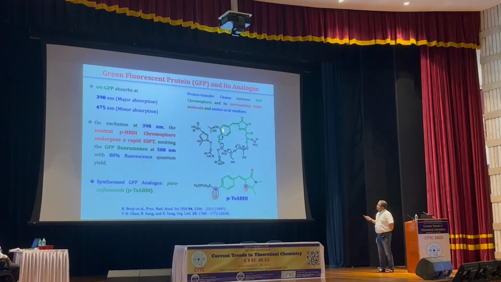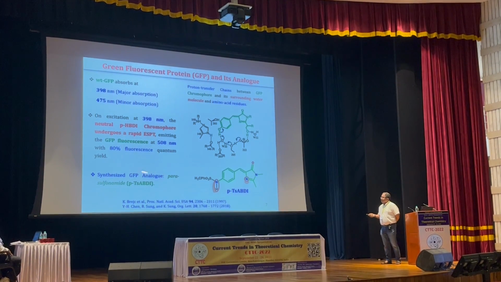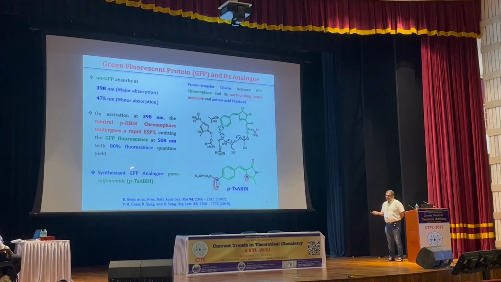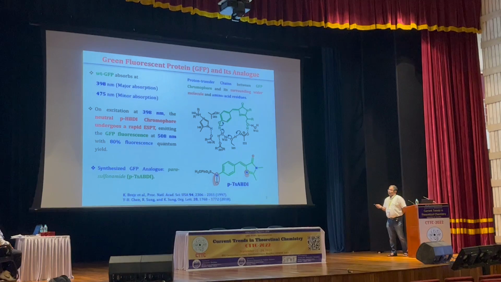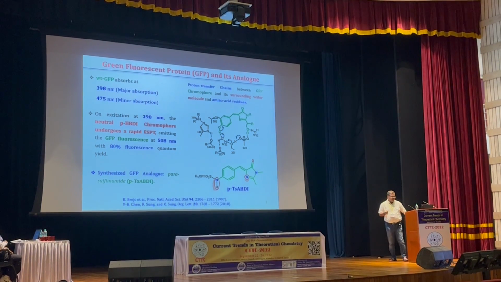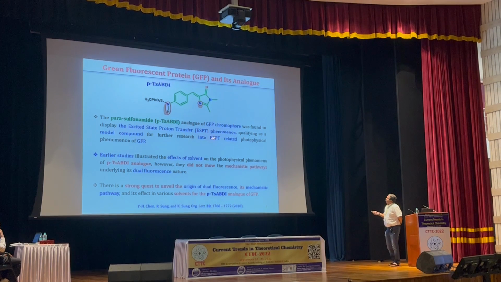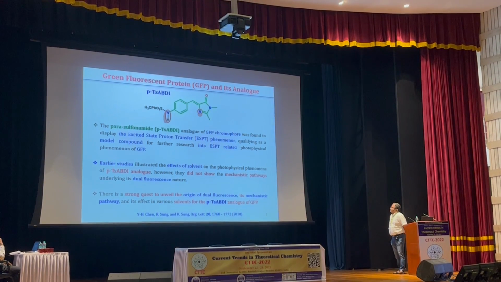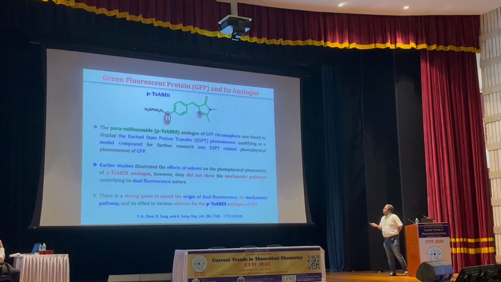Analogous to this one, a lot of syntheses have been done. One analog of GFP is called PTSABDI, which has this structure. As we will see shortly, this compound also has the possibility of showing excited state proton transfer, because it can mimic what the natural green fluorescent protein chromophore can do.